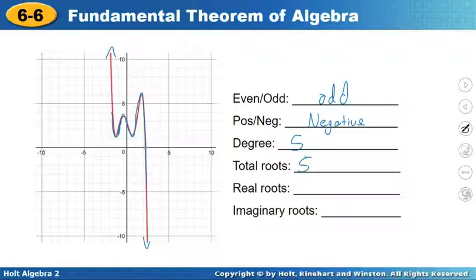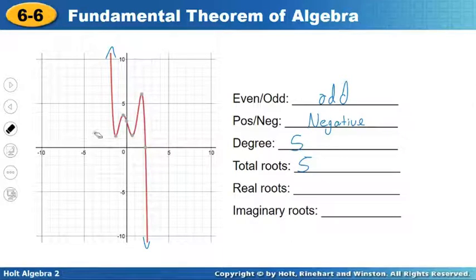We're going to look for x-intercepts to see how many of them are real and how many are not. If you look on the x-axis, you'll see only 1 root. So it has 5 roots, but only 1 x-intercept, therefore only 1 real root. There are 5 total roots, and only 1 of those 5 is real. That means the other 4 are imaginary.